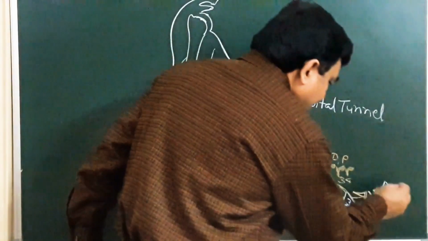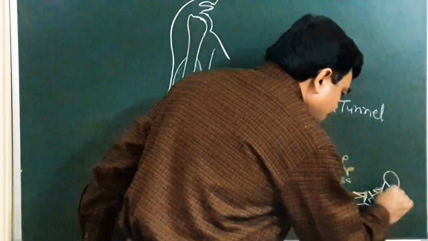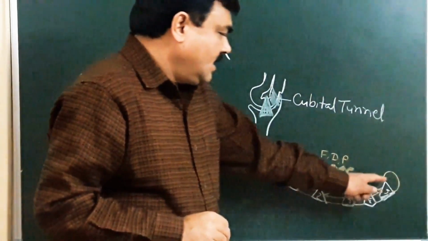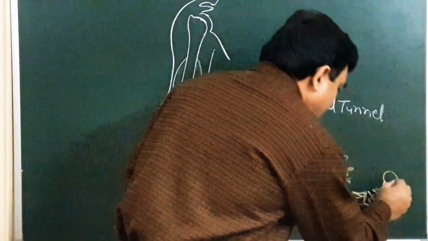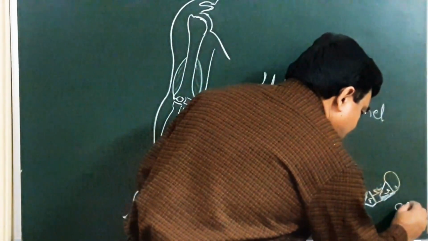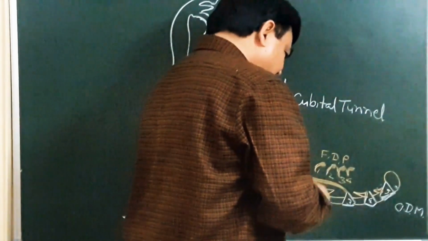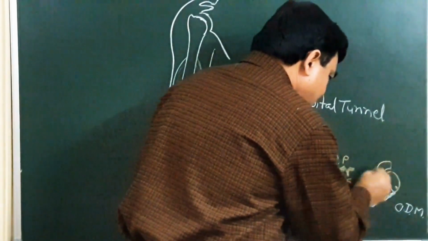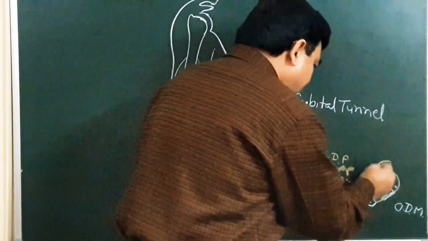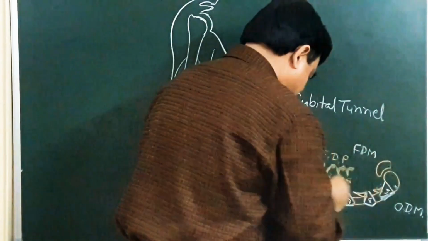Another muscle here is opponens digiti minimi. Another muscle is flexor digiti minimi.